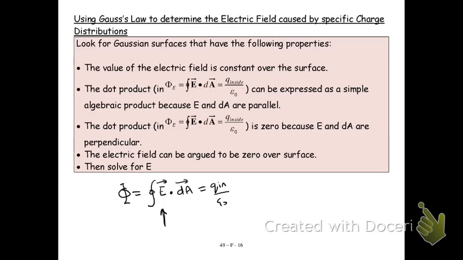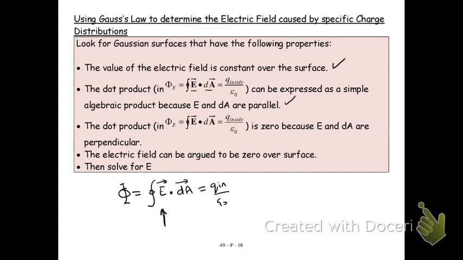The things to look for is, try and look for Gaussian surfaces where the electric field is constant over the surface. Well, we did that before, really. We picked that spherically symmetrical Gaussian surface. And try to look for things where the dot product between the electric field and the area vector is basically parallel, so that you have the cosine of 0, which is 1.